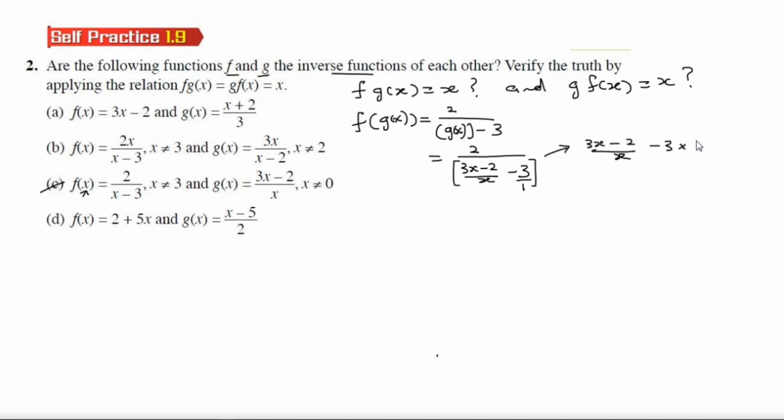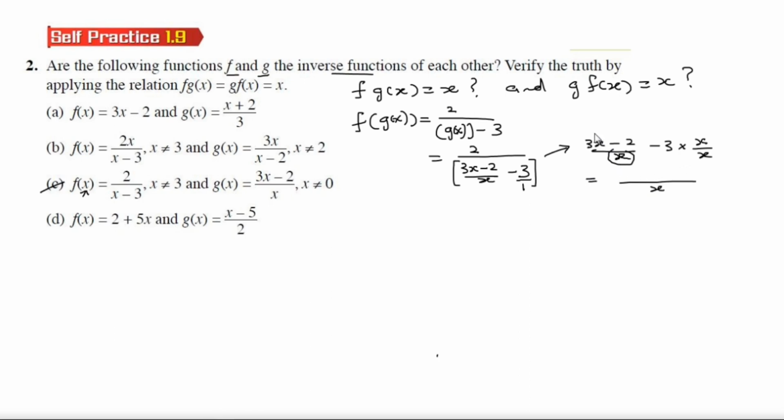You times the denominator x up and down. 怎么样找共同的分母呢？你先看这个分母是 x，这个分母是 1，所以呢，我们用 1 乘 x，但同时呢，要上下一起的乘。Then after you get the common denominator, you can combine both into one single fraction.